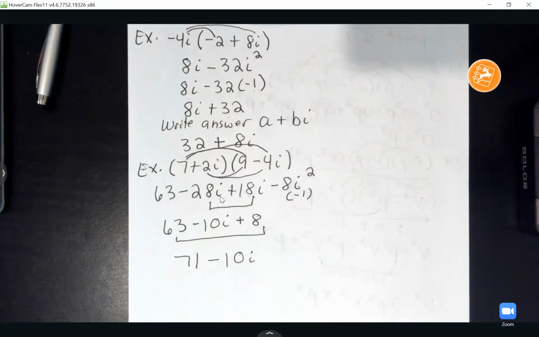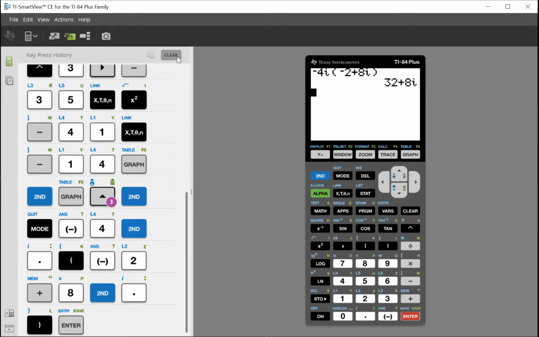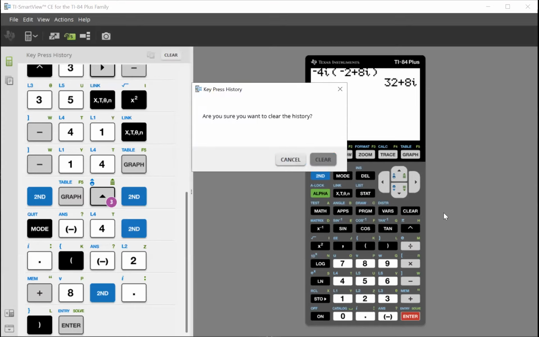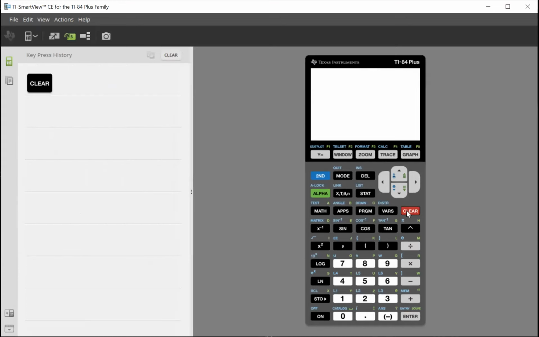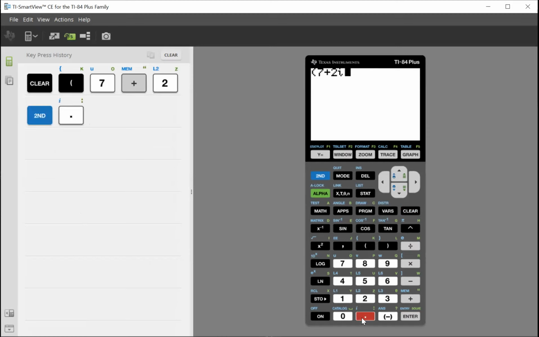So y'all watch the calculator. It loves those. So I'm going to go to my calculator. Let me clear everything over there and then clear that. So I'm going to put it in just like it looks. Parentheses, 7 plus 2i, where i is second decimal. Close the parentheses.